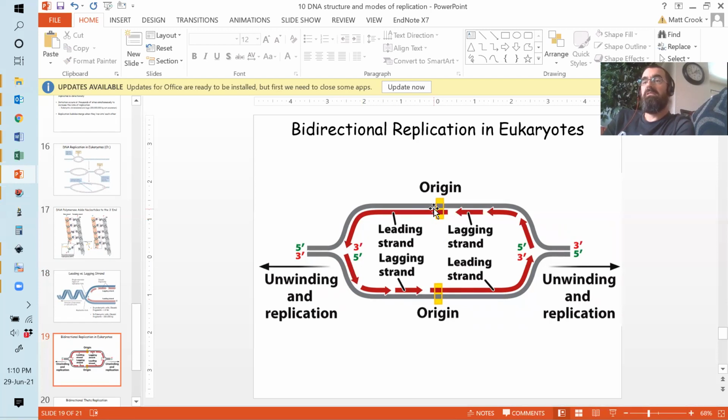So you can see on the going left, it's the top one. Going right, it's the bottom one, because obviously the original template is anti-parallel double helix. And then also each fork has its own lagging strand too. That's the one that's synthesized essentially in the opposite direction to the direction of the replication fork.